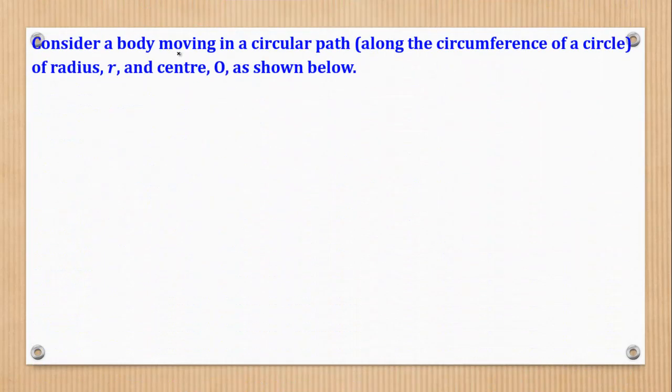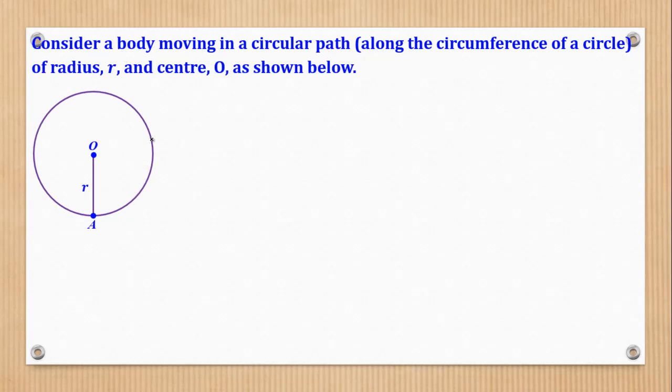So let's consider a body moving in a circular path, along the circumference of a circle of radius r and center O as shown below. So we shall need the center and the circle. Then at the point A, remember we have linear speed.